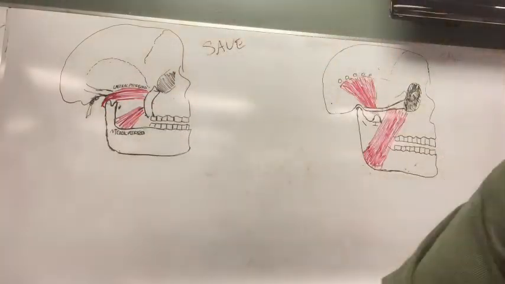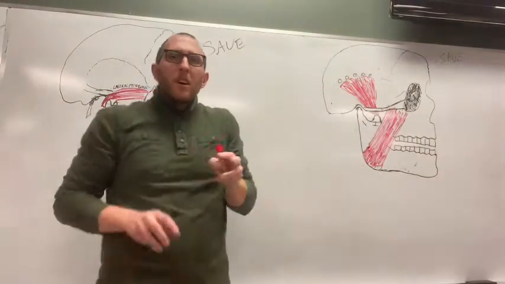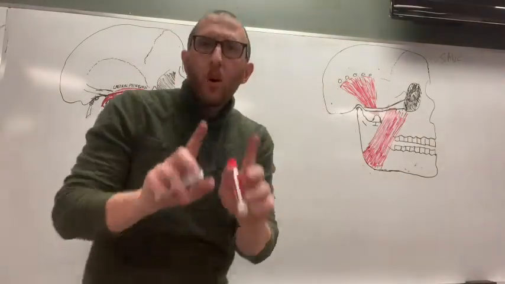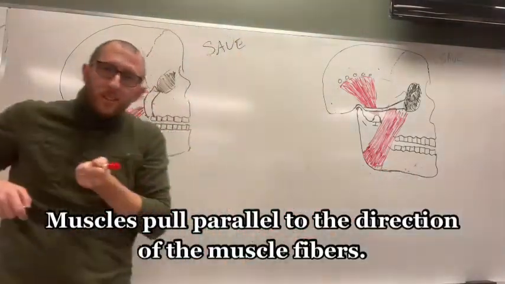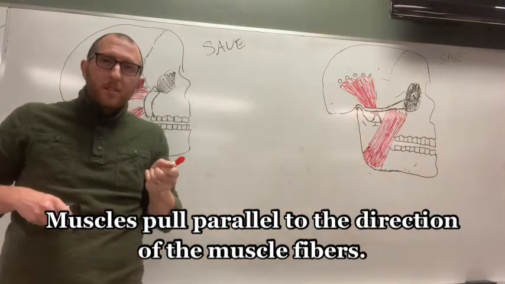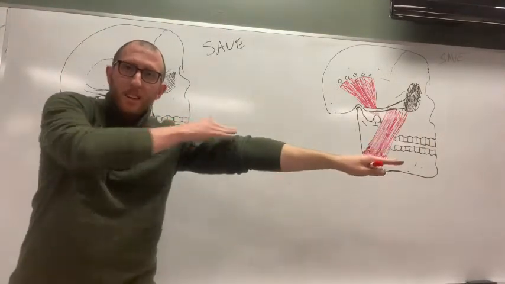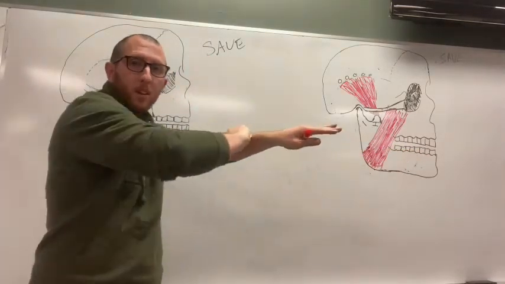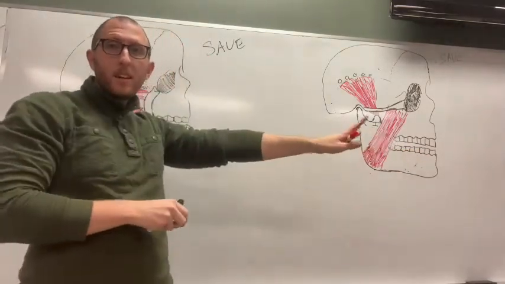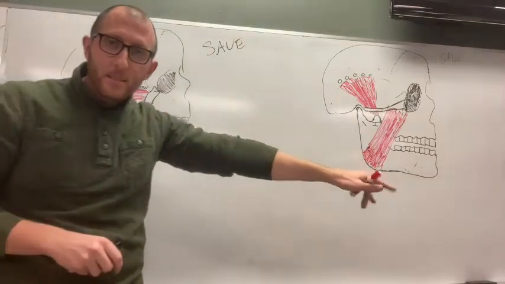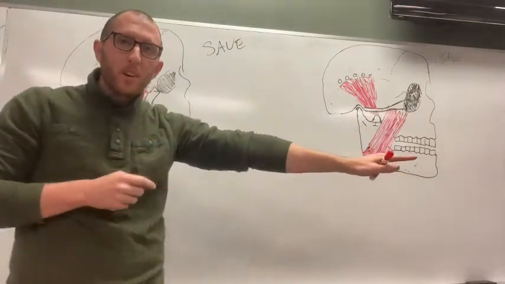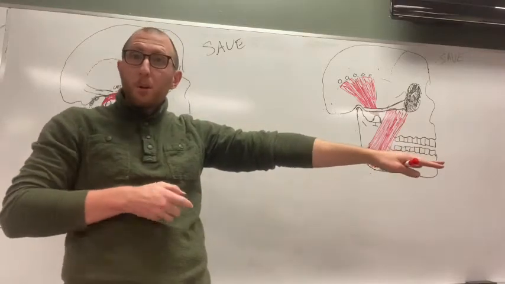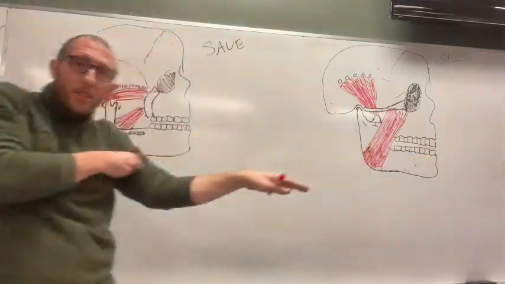So how does this work? Well, I said muscles pull, but they only pull in the direction of the muscle fibers. So if the muscle fiber was like my arm, I could only pull it this way or pull it the other way. And let's say my hand is the mandible, my shoulder is the temporal bone, I would pull it this way.